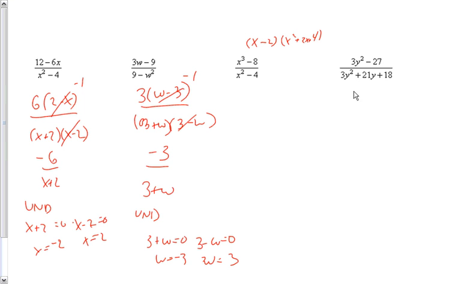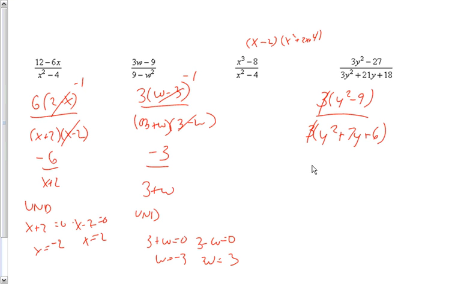So let's take a look at my last one here. 3y squared minus 27 over 3y squared plus 21y plus 18. Now let's see if we can factor a 3 out to start, and that's y squared minus 9 on the top. The bottom, if we factor a 3 out, we get y squared plus 7y plus 6. Right? They still factor. Don't lose the 3's unless you start canceling them out, but we can do that, I guess.